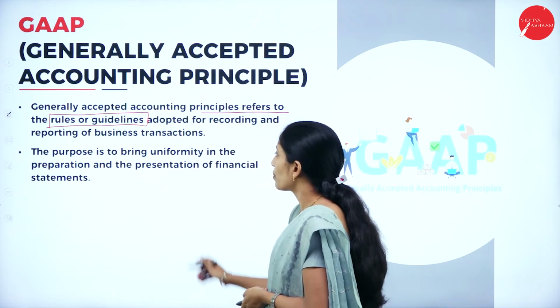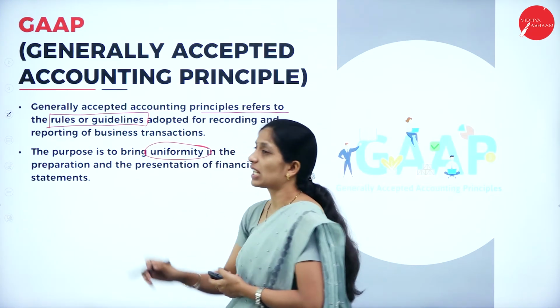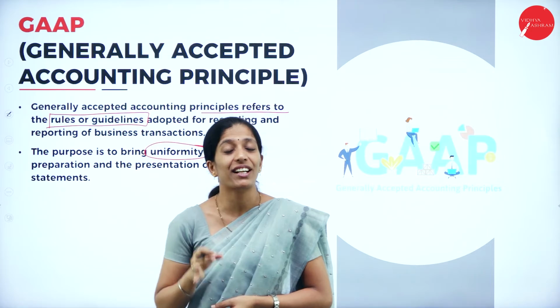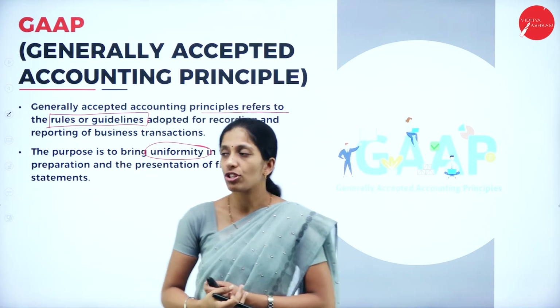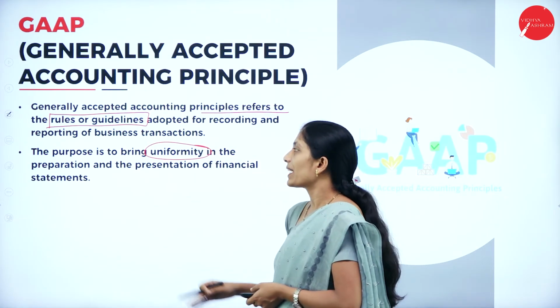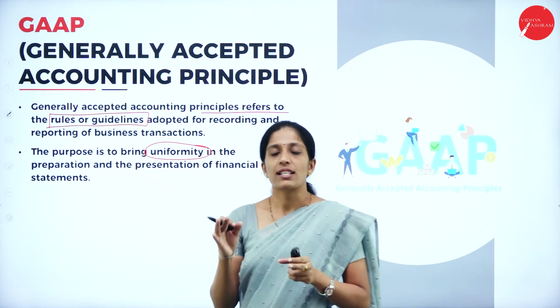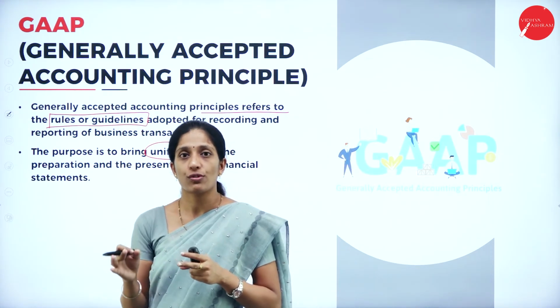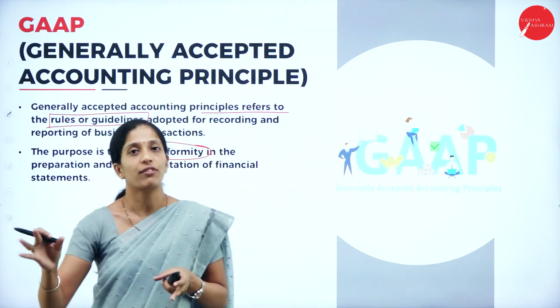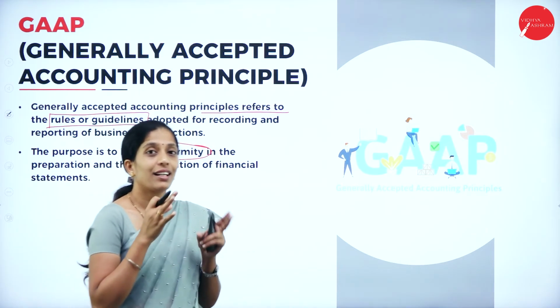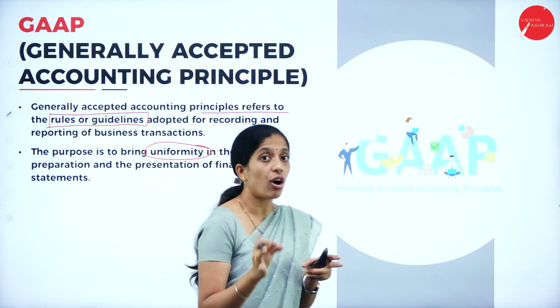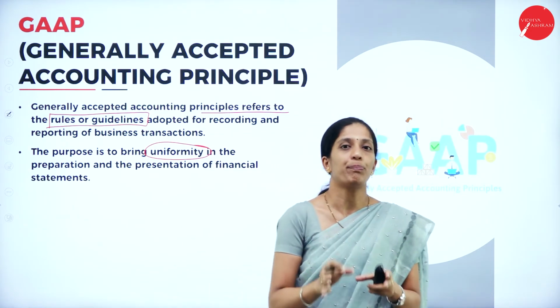The purpose is to bring uniformity. The main intention is to bring uniformity in the accounting information, that is, uniformity in the preparation as well as presentation of the financial statement. As I told you, if an organization wants to compare its results with those of another organization, it has to make sure that both organizations are following the same principles.